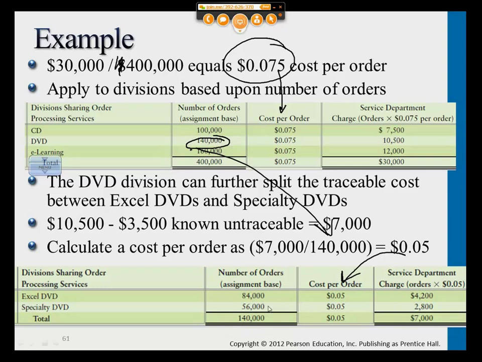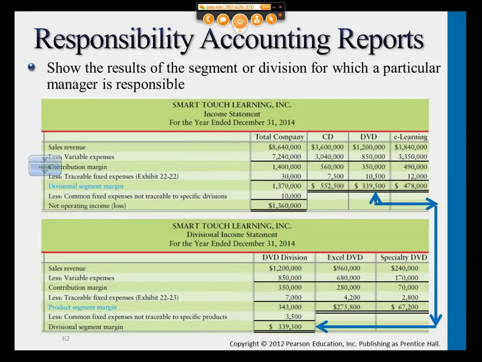So I take the number of orders for each of the services and multiply it by the cost of the order. So I get this service department charge that's split not only by the division, but also by the type of product. Out of that 7,000, my service department charge for the Excel DVDs is 4,200, and the other one is 2,800.